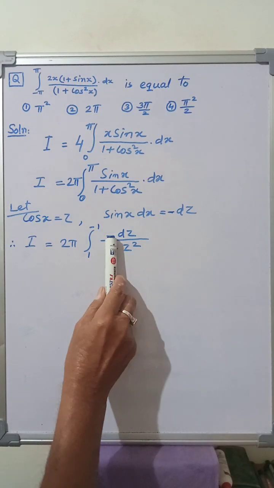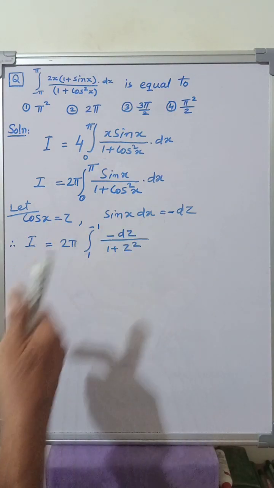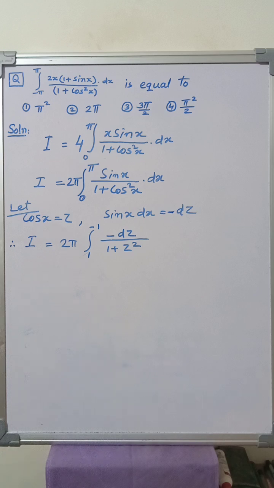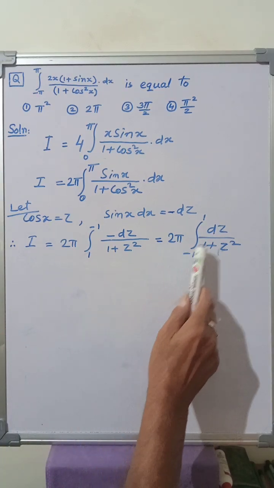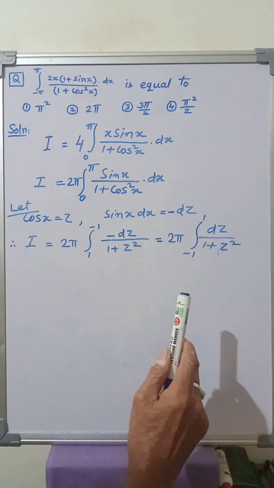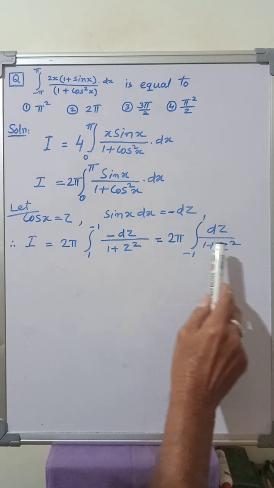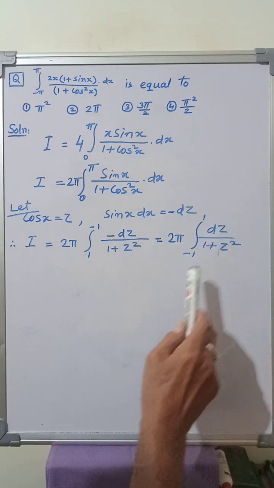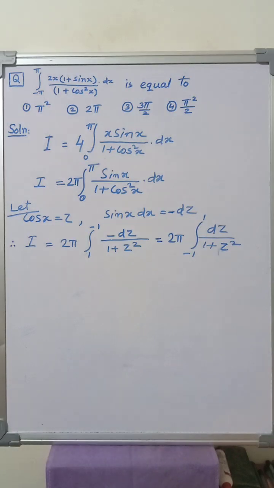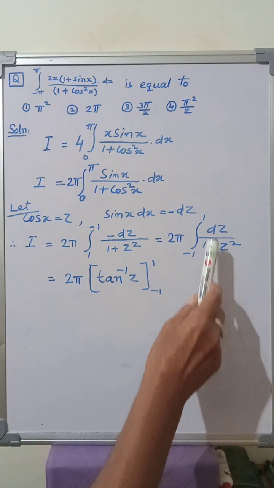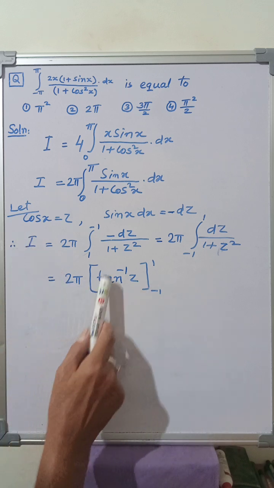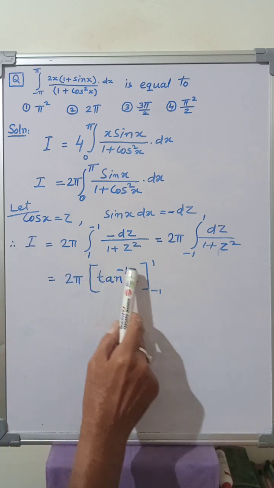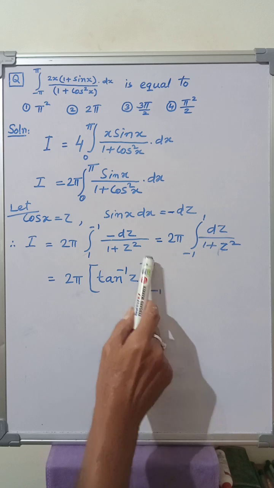We can remove the negative sign and the limits of integration interchange, which gives I is equal to 2 pi integral between limits minus 1 to plus 1 of dz divided by 1 plus z square. Now this integral is tan inverse z, therefore we get I is equal to 2 pi into tan inverse of z between limits minus 1 to 1.